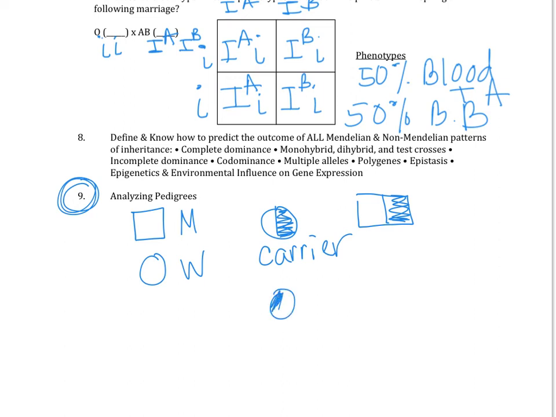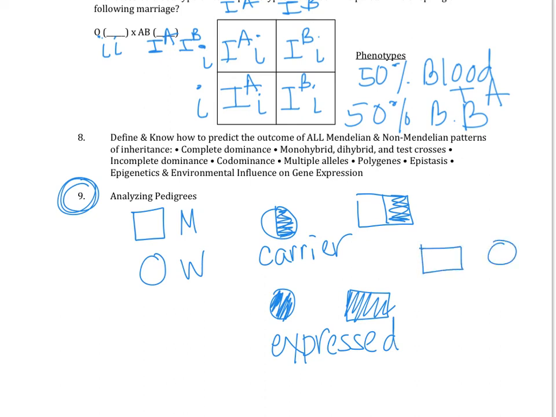This means you're expressing it. That means the trait's expressed. And this is what we call the norms. Normal. I hate that we call it that, because what's normal, everybody? So that's what that's all about. Marriages are denoted by this. Children are like this. Okay?